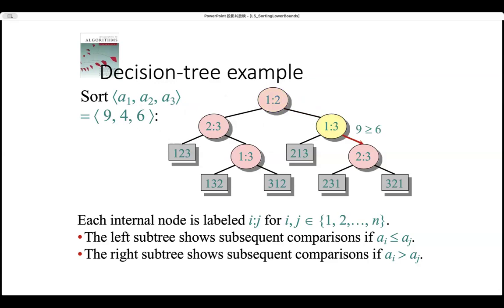Then we compare the first number with the third number, because 9 is still greater than 6. So we go to the right-hand side, and then you need to determine the order between the second number and the third number. You compare 4 with 6. So 4 is smaller than 6, so we go to the left-hand side. So it becomes 2, 3, 1.